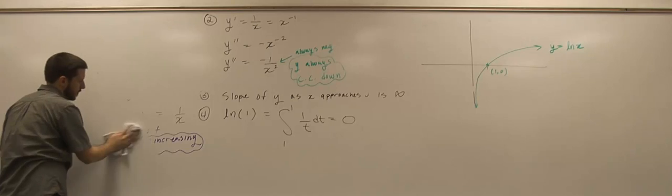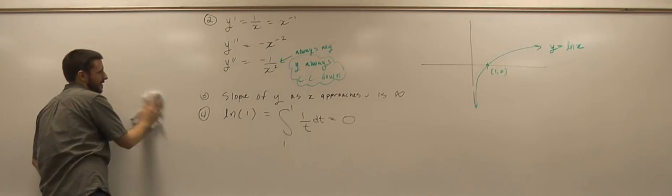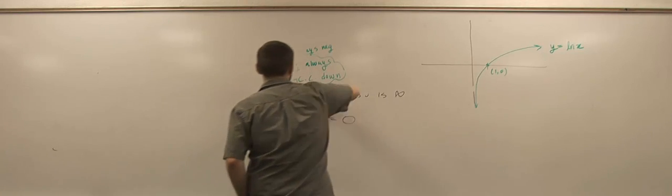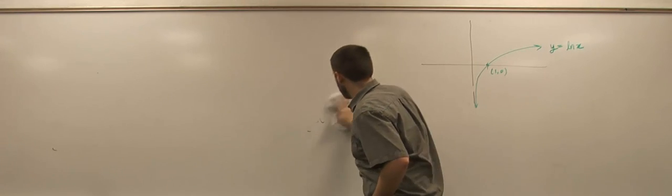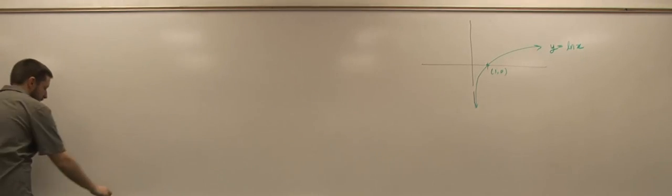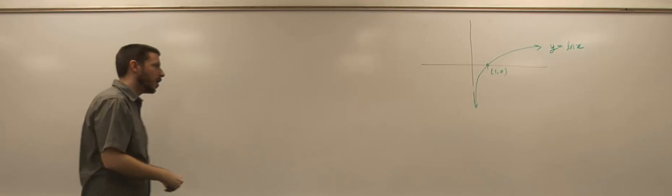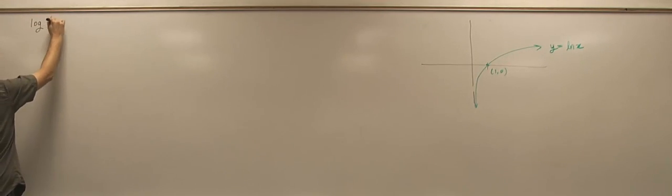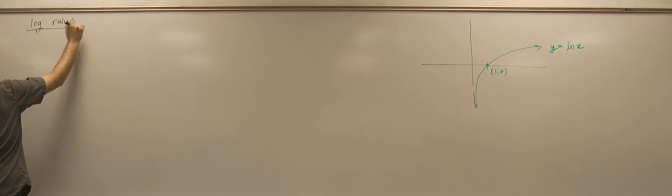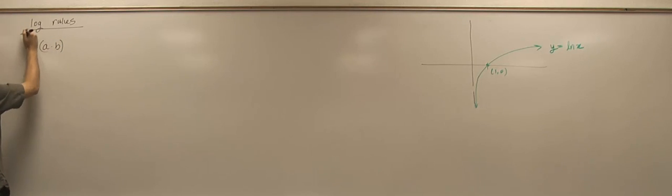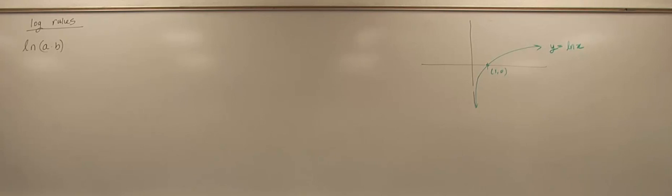Here's 2. What's that? So just to remind you, I'm not going to prove any of them because it's tedious with this definition, but what are your log rules? Remember your log rules? Those are going to come in handy. Like if you do natural log of A times B, how can you simplify or expand that?